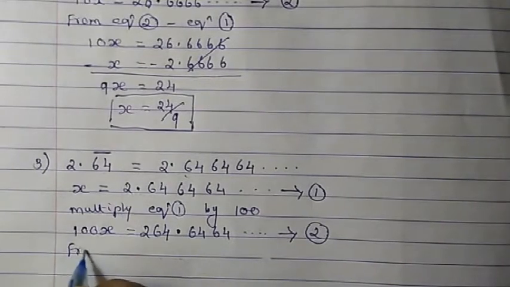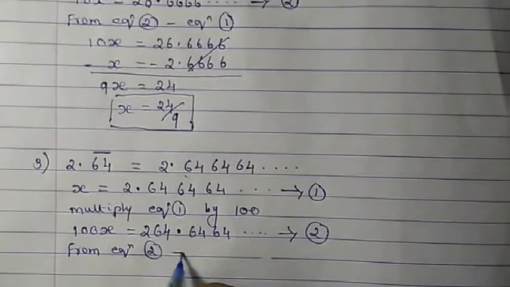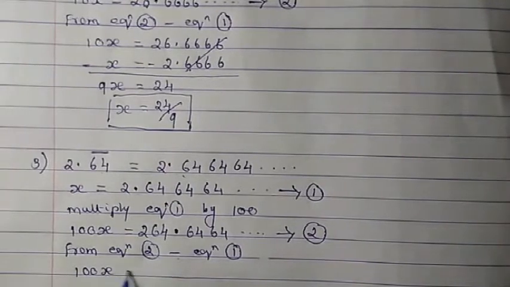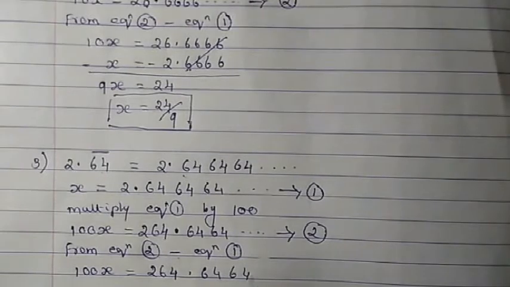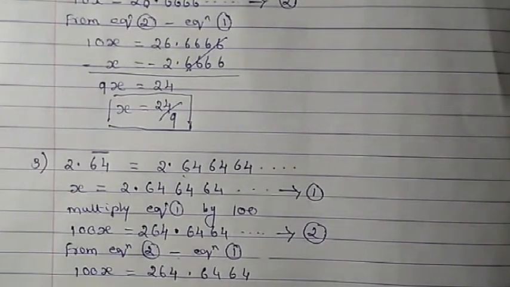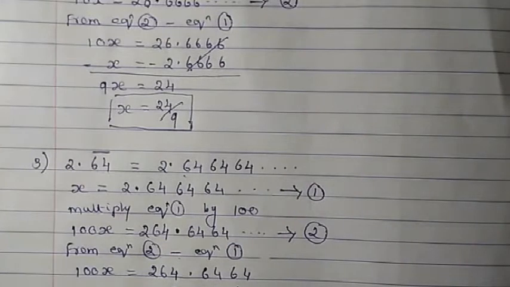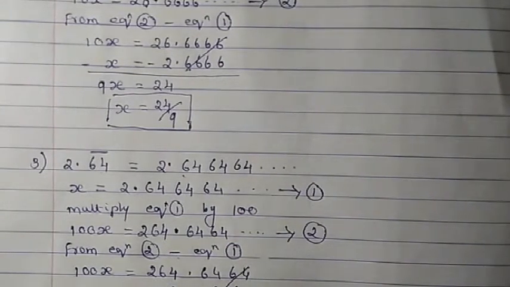Now equation 2 minus equation 1, so what will we get? 100x equal to 264.6464 minus equation 1, which is x, then 2.6464. So when we minus, this will become 0.